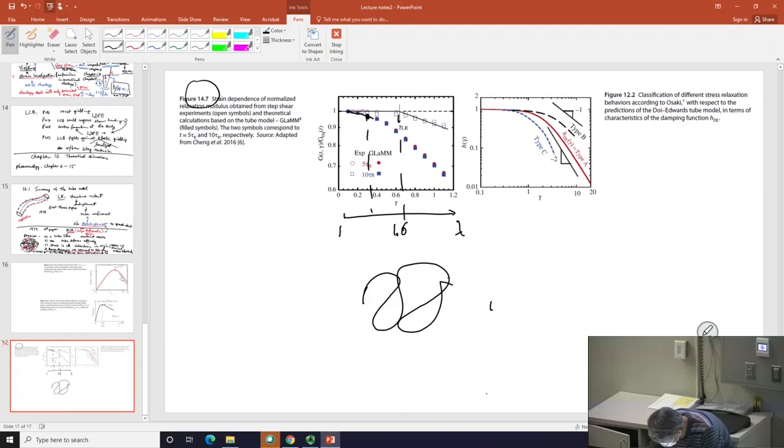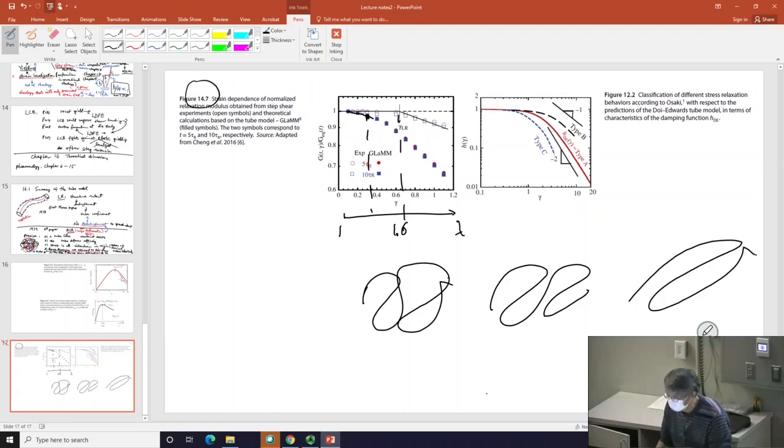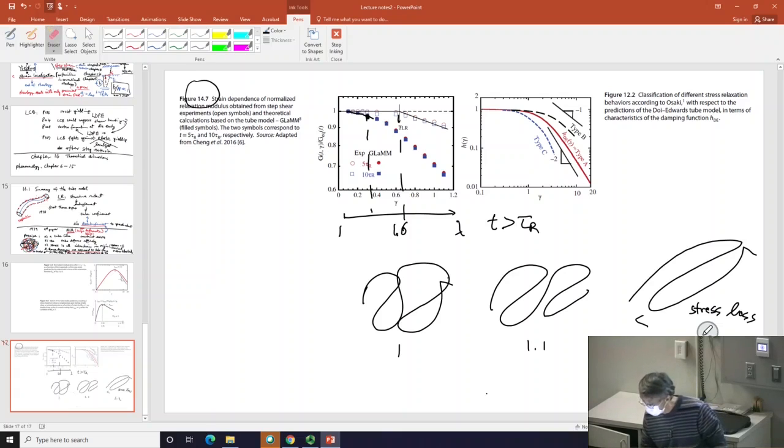Let me try to illustrate that. You have a chain, and you're stretching this much versus this much. Let's say this is lambda equals 1, this is 10%, this is 20%. Because of the Rouse retraction, at any time longer than tau R, you will find that there is more stress loss here than here. You have a stress loss at 20% that is a lot more than at 10%.